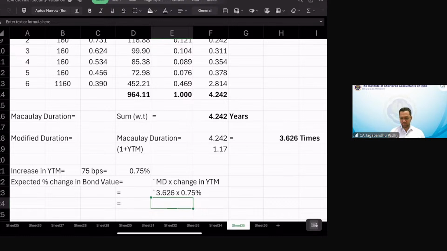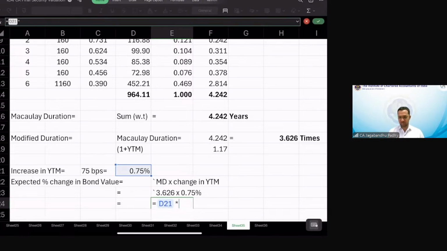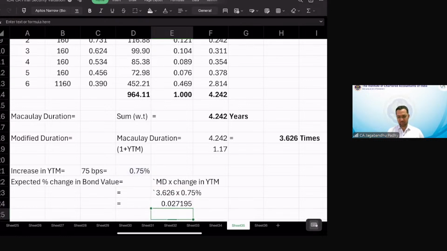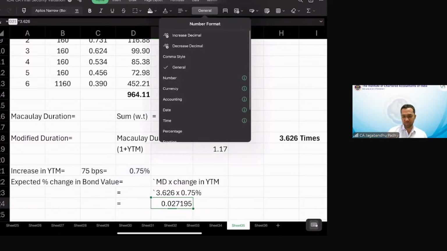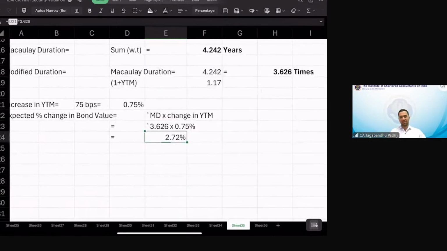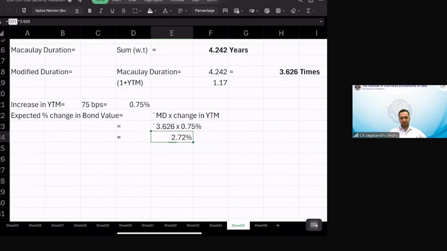So the percentage change would be 0.75% multiplied by 3.626, which is 2.72%. Expected percentage change in bond value is 2.72%.